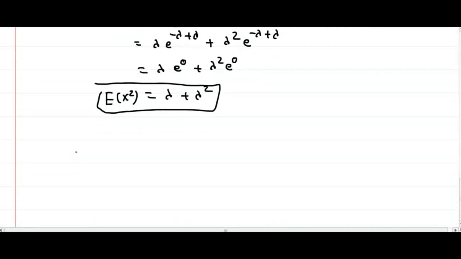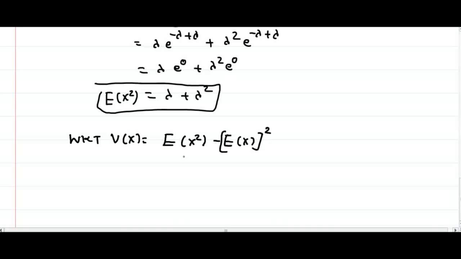What is the variance formula? Variance of capital X equals E of X square minus E of X whole square. Substituting, E of X square is lambda plus lambda square, minus E of X, that is lambda, whole square.